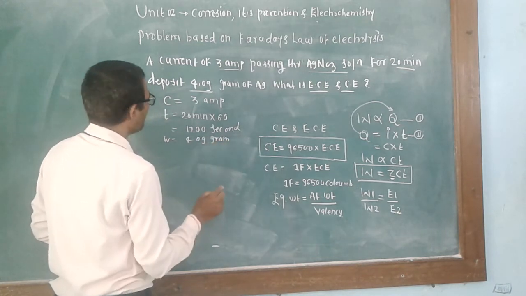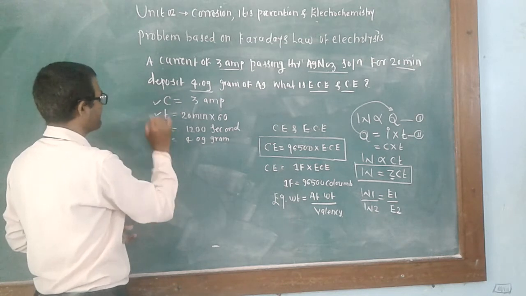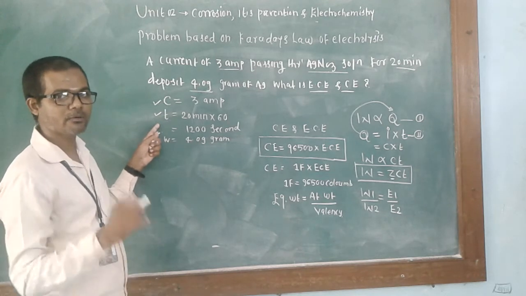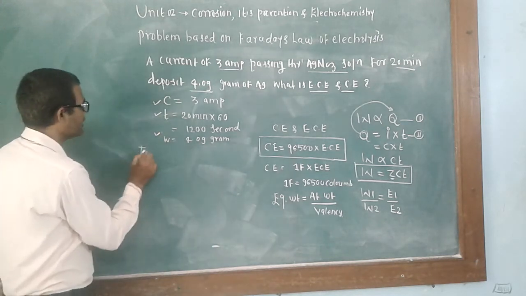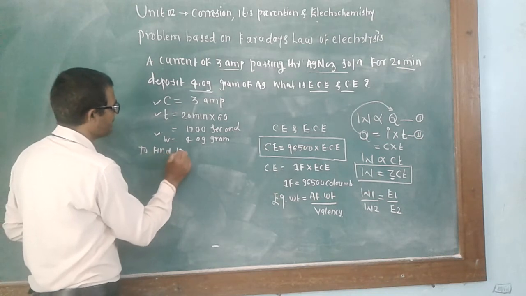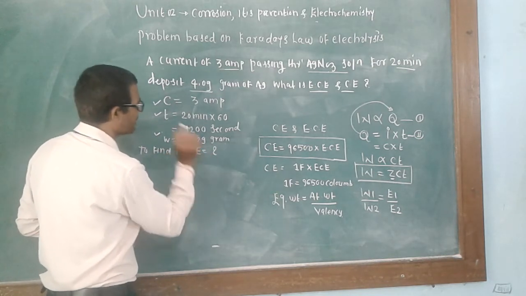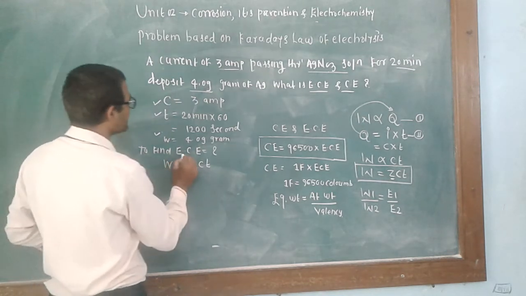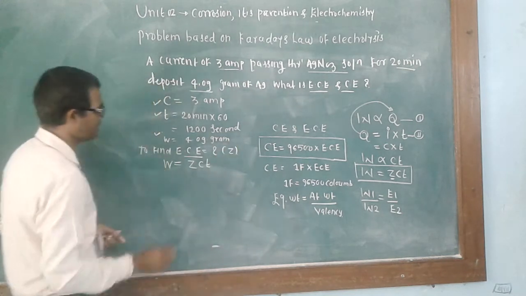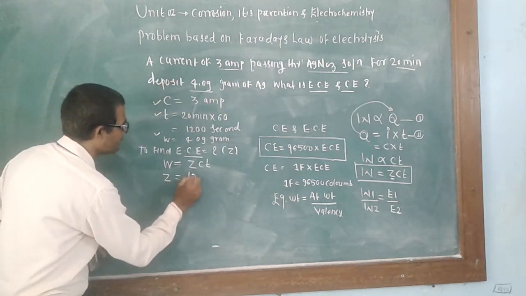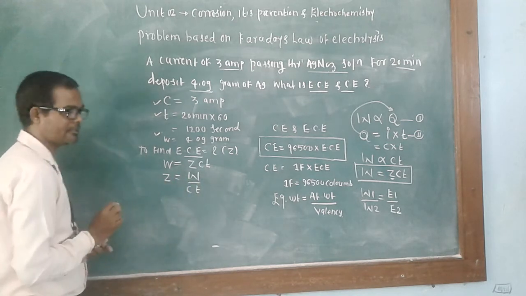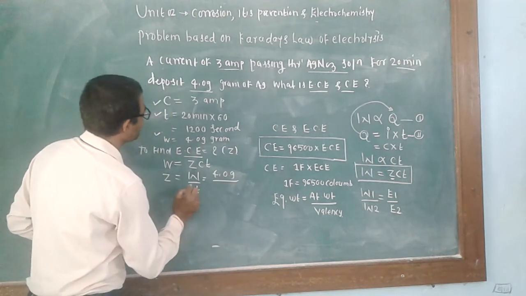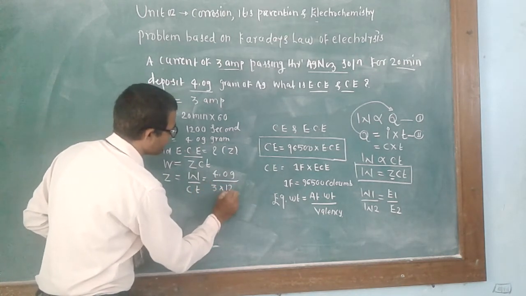Okay, so all the data is given. We know the W, we know the C, we know the T. We are going to calculate the electrochemical equivalent. So to find electrochemical equivalent, according to Faraday's law, W is equal to Z multiplied by C multiplied by T. EC is nothing but the Z. So rearrange the equation for Z, you will get W upon C multiplied by T. So W is 4.09, current is 3, time is 1200 seconds.